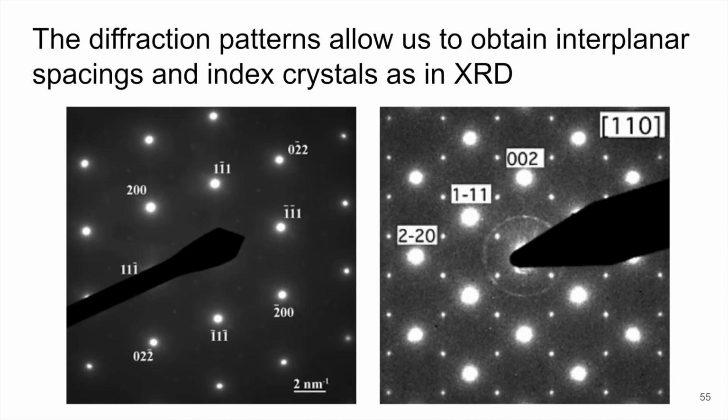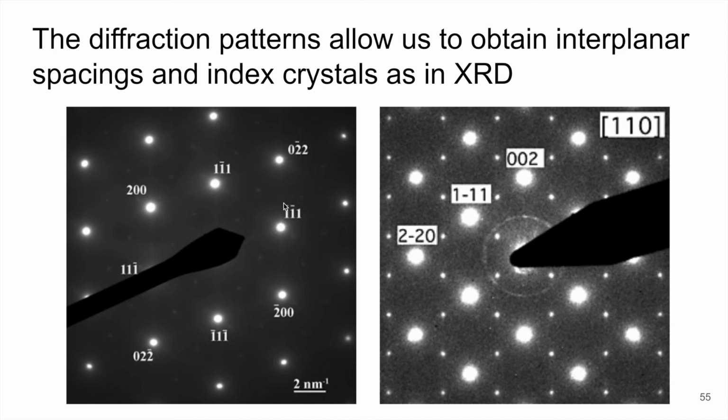All right, so all of this together, these diffraction patterns, we know that we can get interplanar spacings from the distances between the transmitted spot here in the middle and the diffracting spots. Those give us information on interplanar spacing.